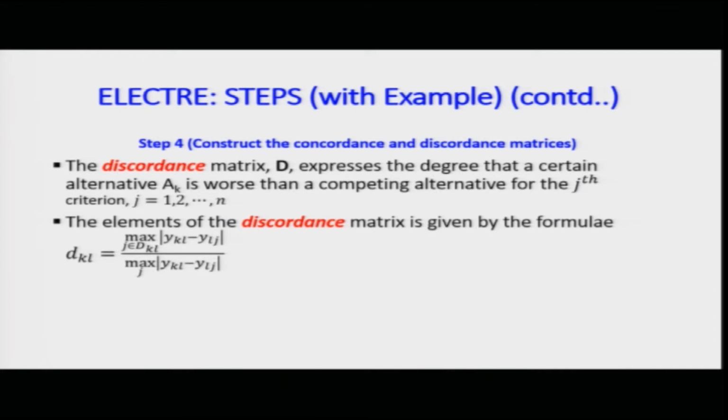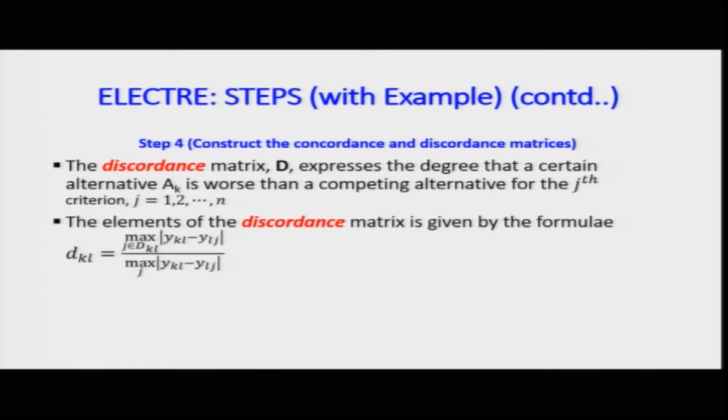The elements of the discordance matrix, that is small d 1 1, small d 1 2, and so forth along the first row, similarly for the second row, third row and so on, would be given by the maximum values of the levels which you have. So, I will basically have a set. For d_KL, you are comparing the Kth and the Lth alternatives based on the criteria, and this j value will change from 1 to n.